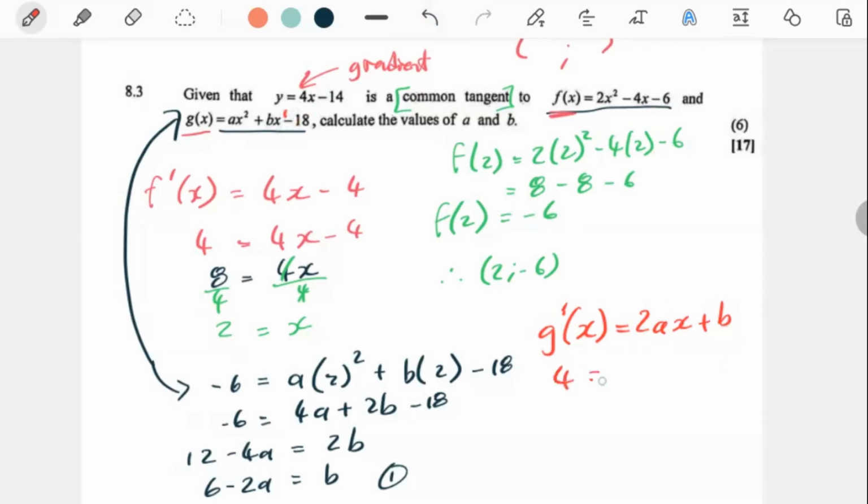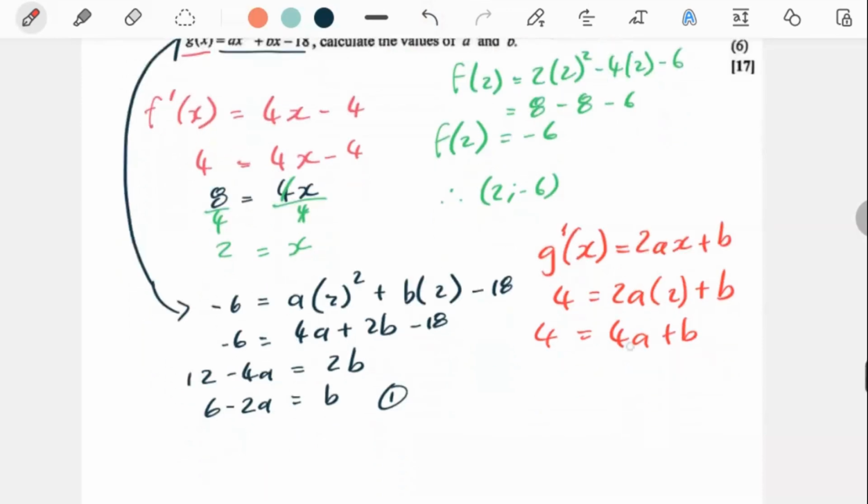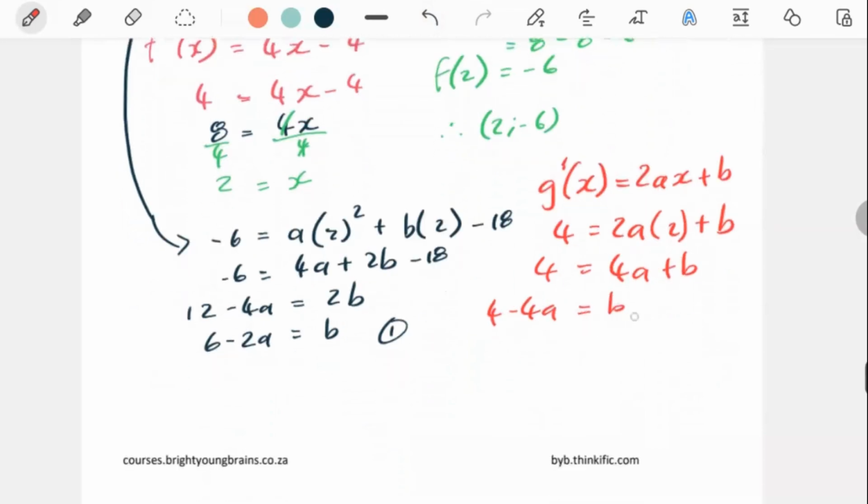In this first derivative, the gradient is a 4 and the x value is a 2, so this is like 4a plus b. The 4a can go to the other side, 4 minus 4a, that's b. So you can just equate the 2.